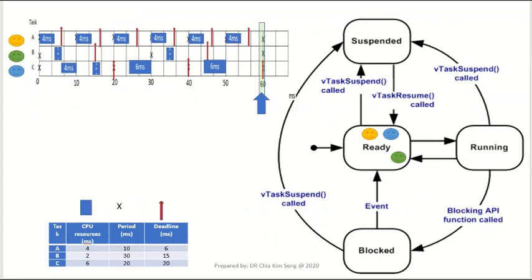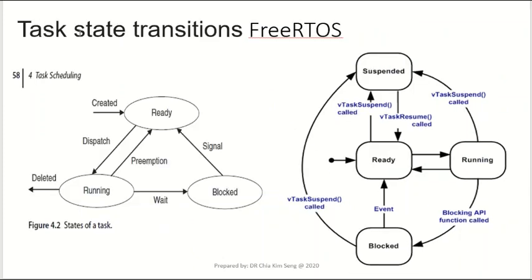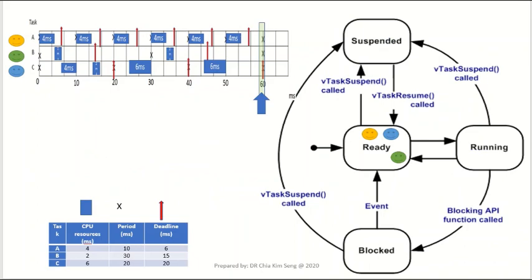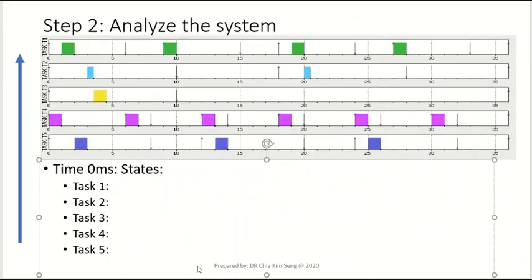Next we want to study the state of the task, the state transition. We want to figure out what is the state of each task. Hopefully you still remember this lesson.